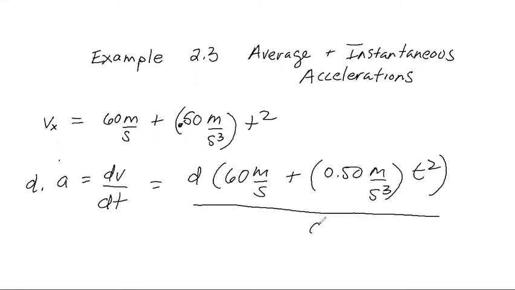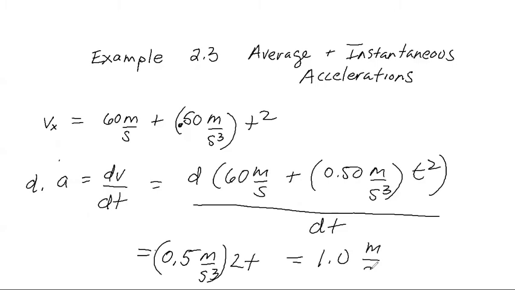So we're going to get 0.5 meters per second cubed, that's the constant, times 2t, which is going to be equal to 1.0 meters per second cubed times t. And I need to solve for this at t equals 1 and at t equals 3. So let's go ahead and do that.